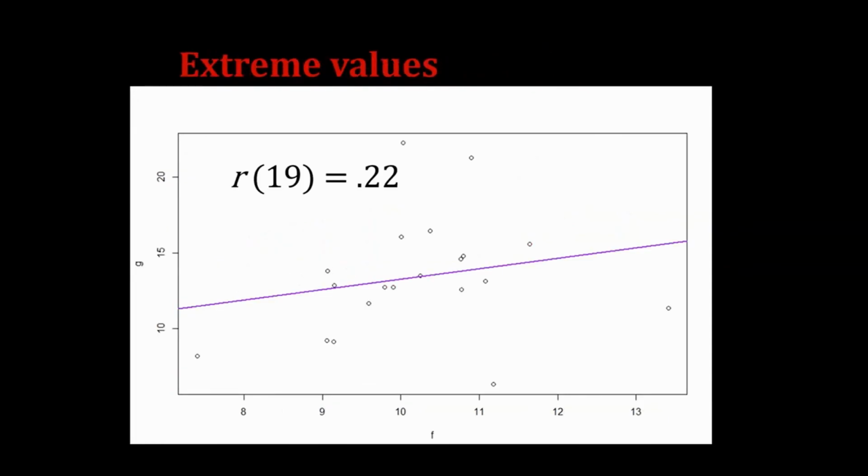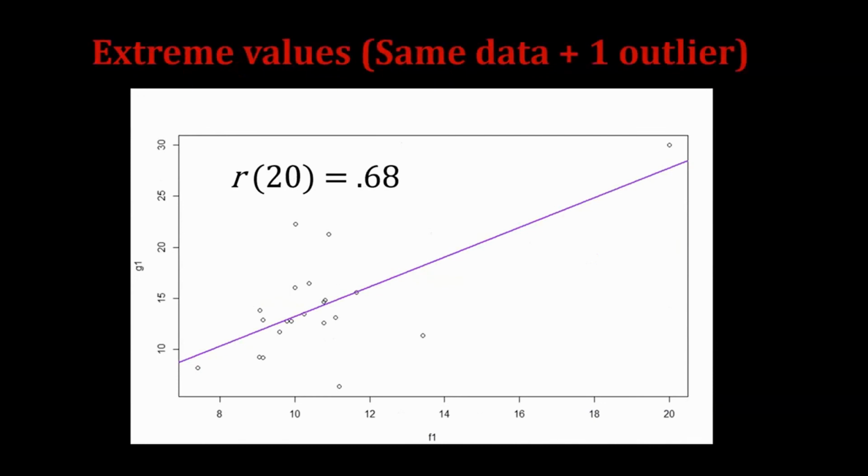The last issue is the one related to extreme values. Here we have the relationship between two variables, and we've got a small but decent correlation of 0.22. But if we add one extreme value, this small correlation may become a very, very large correlation.